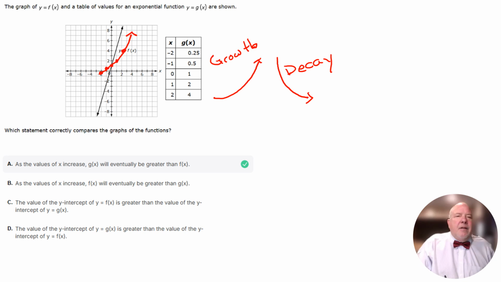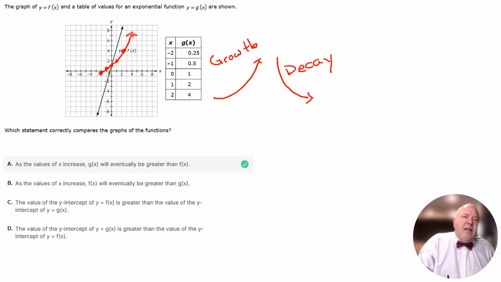Okay. So now that we know what the two graphs look like, now you just want to go through the answers and see which answer matches up with what we see here. So answer A: as the values of x increase, so that means as we move from left to right, g of x, which is what I drew in red here, the exponential, which really means the y value, will eventually be greater than f of x.